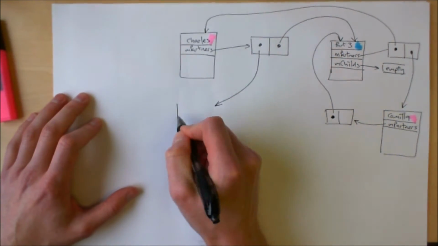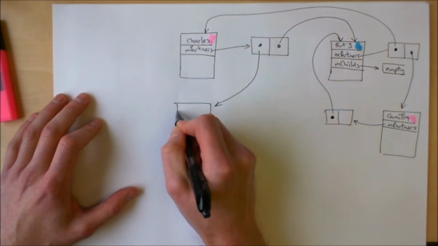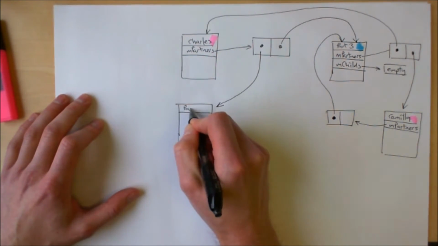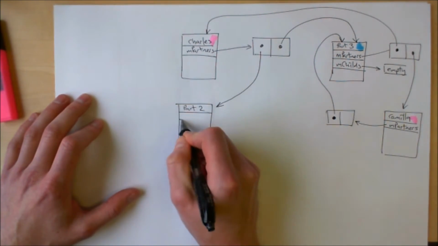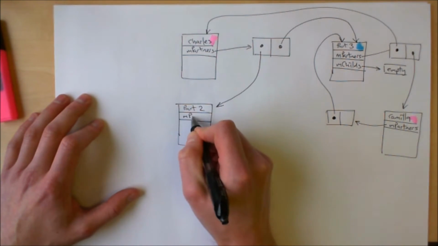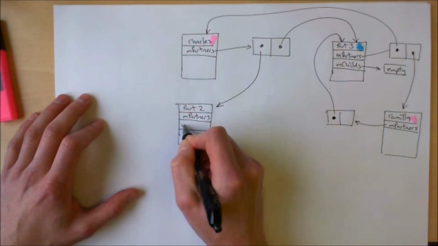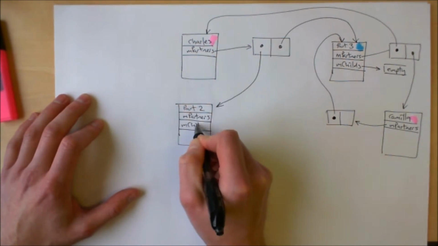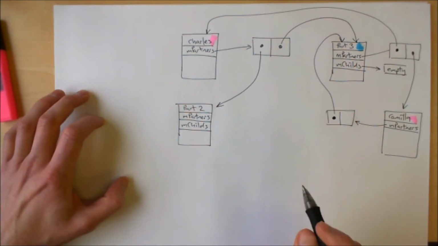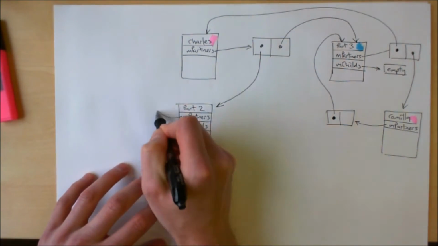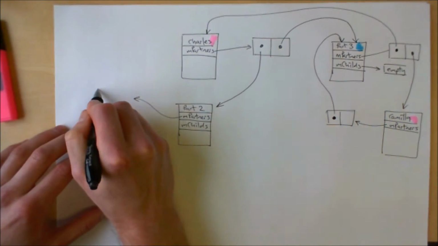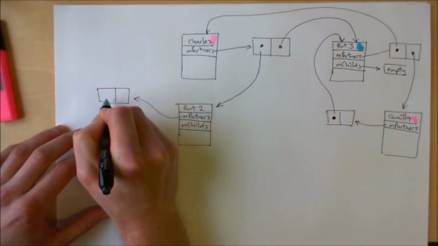So Charles's other partnership is, call it partnership 2. That has its partners array and its child's array. The partners array up here has two people in it.